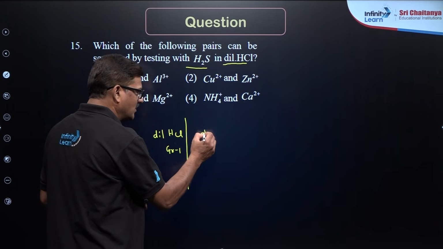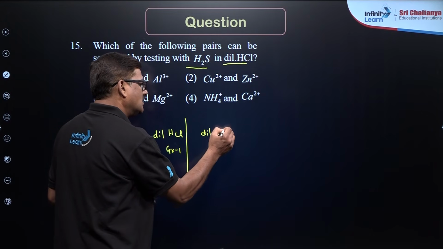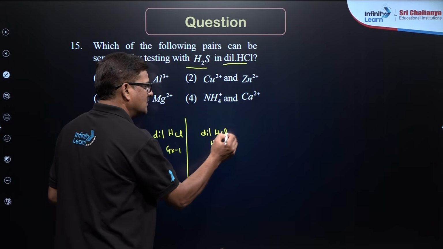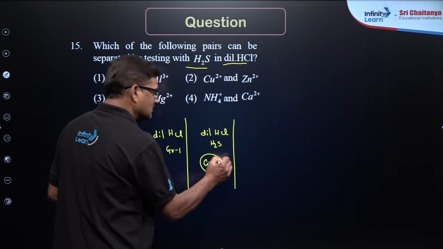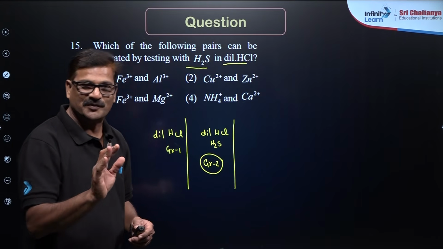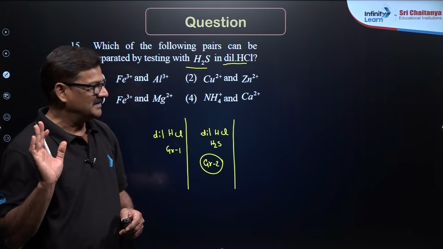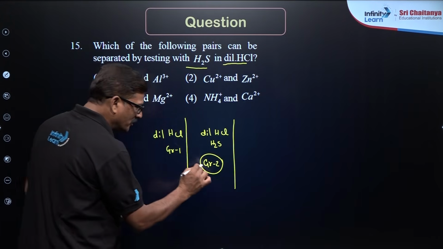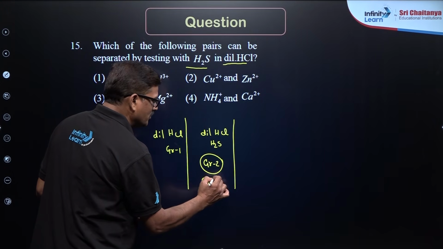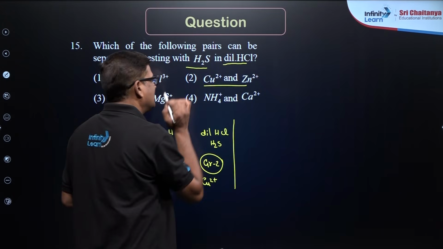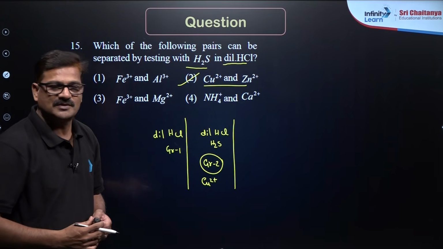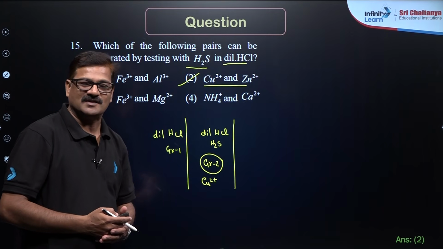If you use dilute HCl and H2S gas, you are going to get group 2 cations precipitated. In salt analysis, group 1 is different and group 2 is different; don't correlate with the periodic classification. So, group 2 cation comes here: copper 2 plus. So, copper 2 plus and zinc 2 plus can be separated here. So, option 2 is the correct answer for this question.